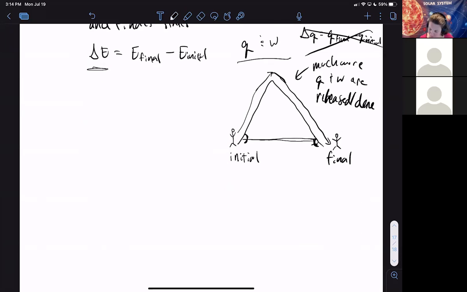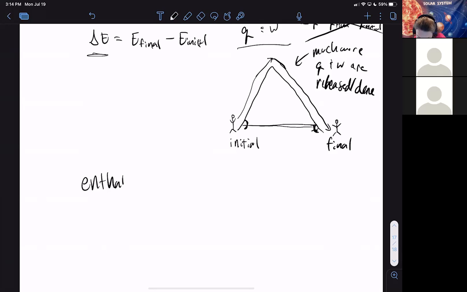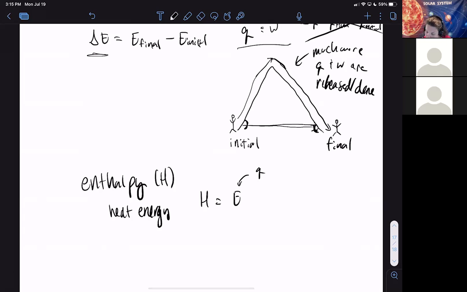Okay. That brings us to enthalpy. Enthalpy is, well, Q is heat. Enthalpy is heat energy. So we can look at enthalpy, which is an H, as being equal to our internal energy, so this is our heat plus our work, plus pressure times volume.